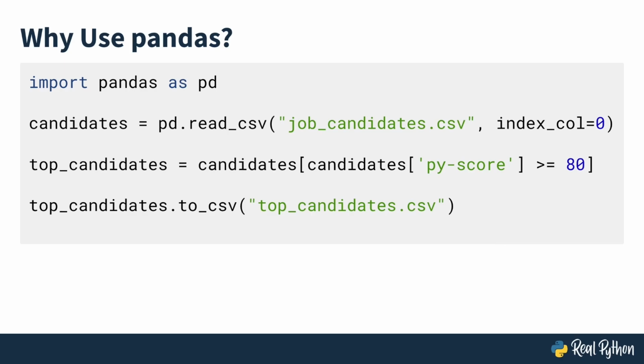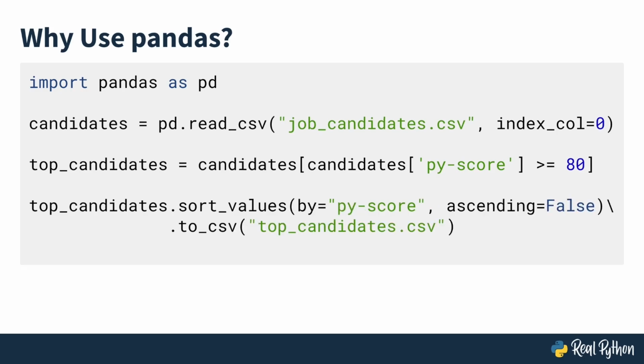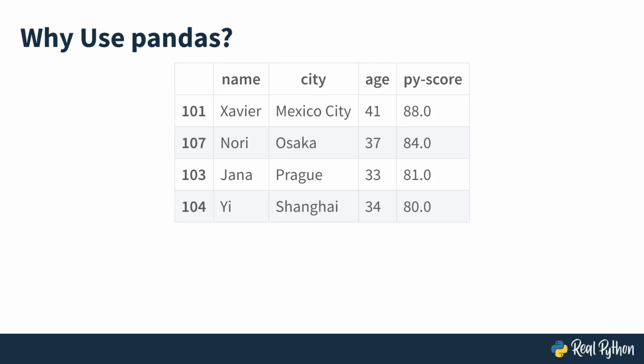And in fact, if you wanted to sort the candidates from highest Python score to lowest Python score, you would add one more function call using a method that we'll talk about called sort values. And then once you've done that, you'll go ahead and write to a CSV file. And in this case, we actually get a CSV file where the candidates are sorted from highest Python score to lowest Python score.